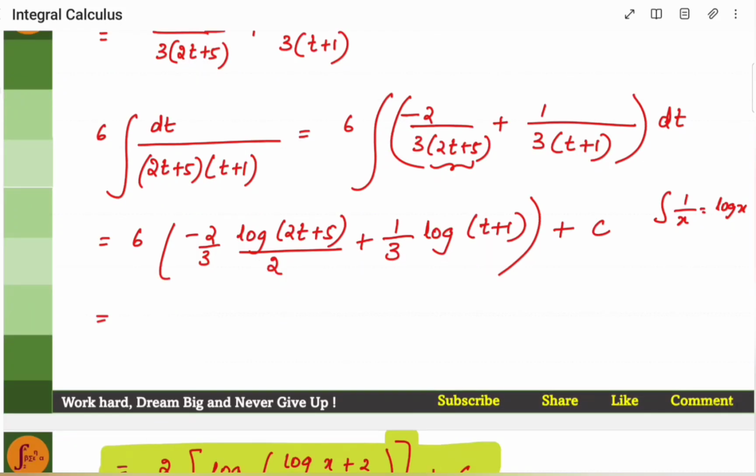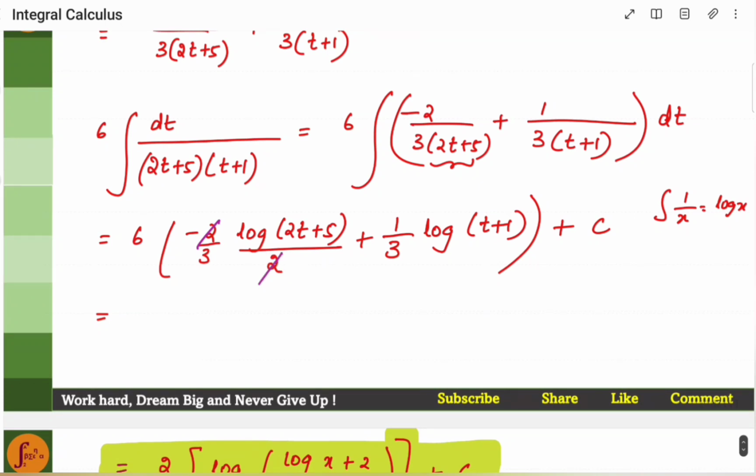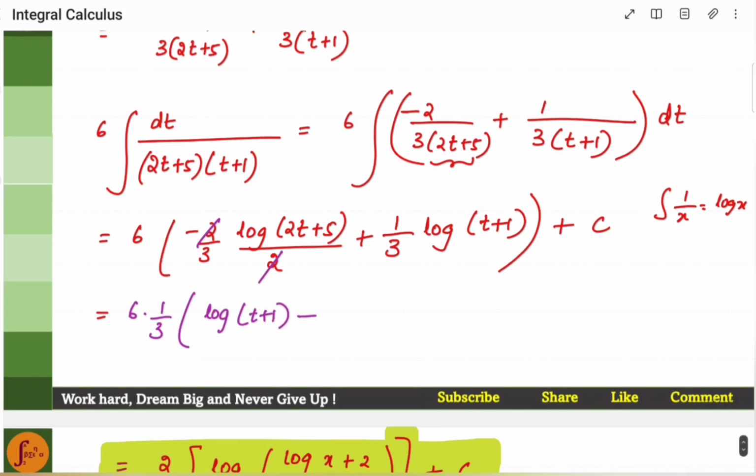Let's solve this. 2 and 2 will get cancelled, and we can take 1 by 3 as common. So I'll rearrange. I'll bring this log (t + 1) minus log (2t + 5) plus c.